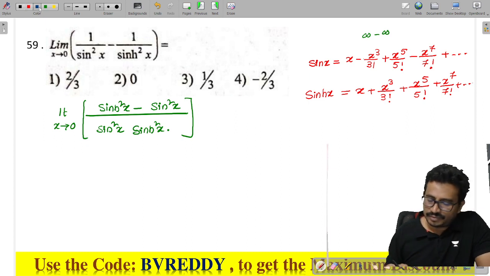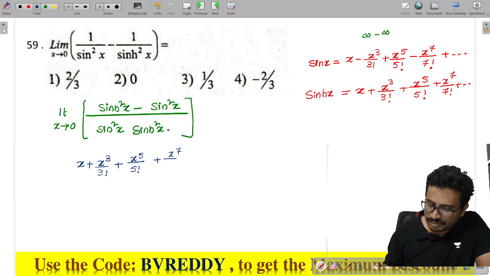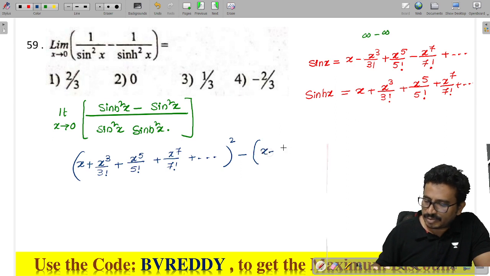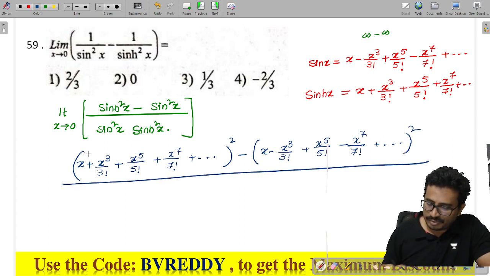Now can I substitute these values here? Now limit x tends to 0, so what I can do is, sinh square x becomes x plus x cube by 3 factorial plus x power 5 by 5 factorial plus x power 7 by 7 factorial, like this it will continue, whole square, minus sin square x, which is x minus x cube by 3 factorial plus x power 5 by 5 factorial minus x power 7 by 7 factorial, whole square, by the denominator, you can see.